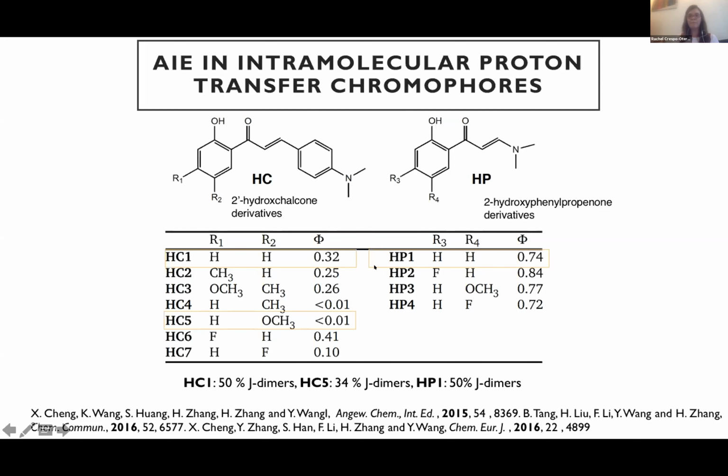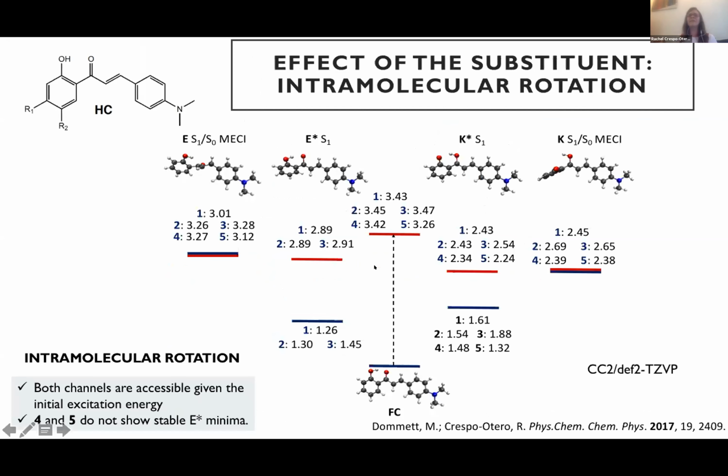So we started taking a look at the potential energy surfaces in the gas phase. And we found that for this kind of system, as I explained before, when you have excited state proton transfer, you have competition between the relaxation through the enol or keto channels. For both channels, you have an accessible conical intersection related to the rotation around this dihedral angle here.